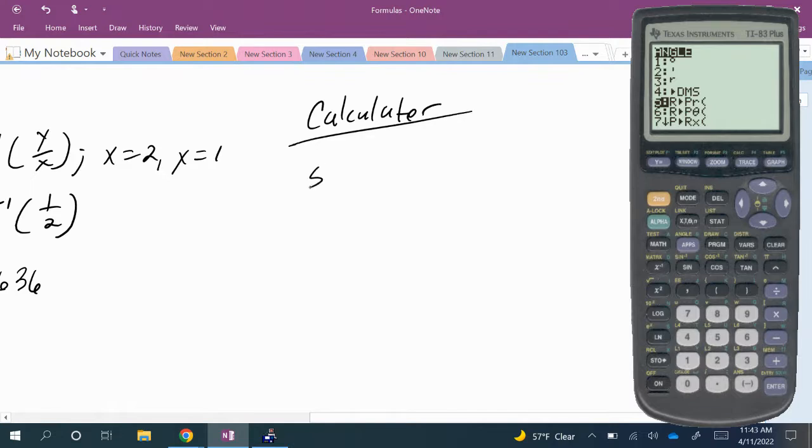Number 5, you have to give it rectangular coordinates, so that's what the R stands for, and it will give you the radius. Number 6 says if you input rectangular coordinates, it will give you the angle measure.